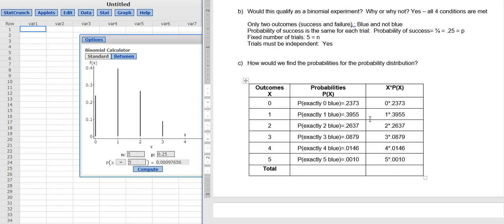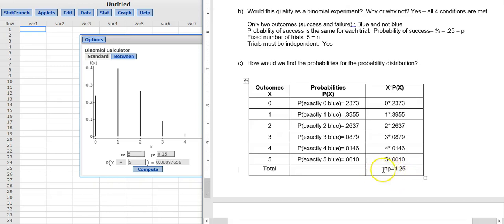All you have to do is take the number of trials, which in this case is 5, and multiply that times the probability of success on each trial. And that's going to give you your expected value, or your mean for the distribution. So the mean here is going to turn out to be 1.25. I could have gotten that by going ahead and multiplying all these and adding them up, but I didn't have to for this. All I had to do was take the n and multiply times the p.